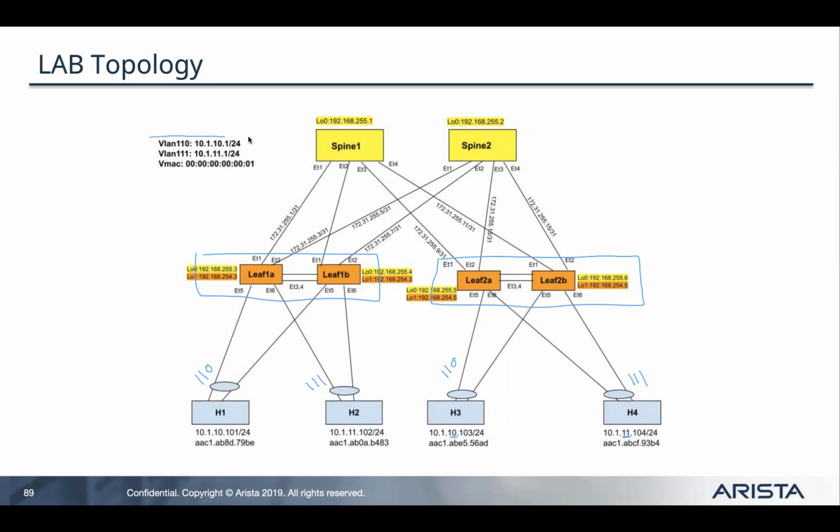We have SVI configured for both the VLANs on all the VTAPs, right? So all VTAPs are routing VTAPs, and we have SVI configured on all the VTAPs because this is asymmetric, and in asymmetric you need to have SVI configured on all the VTAPs.